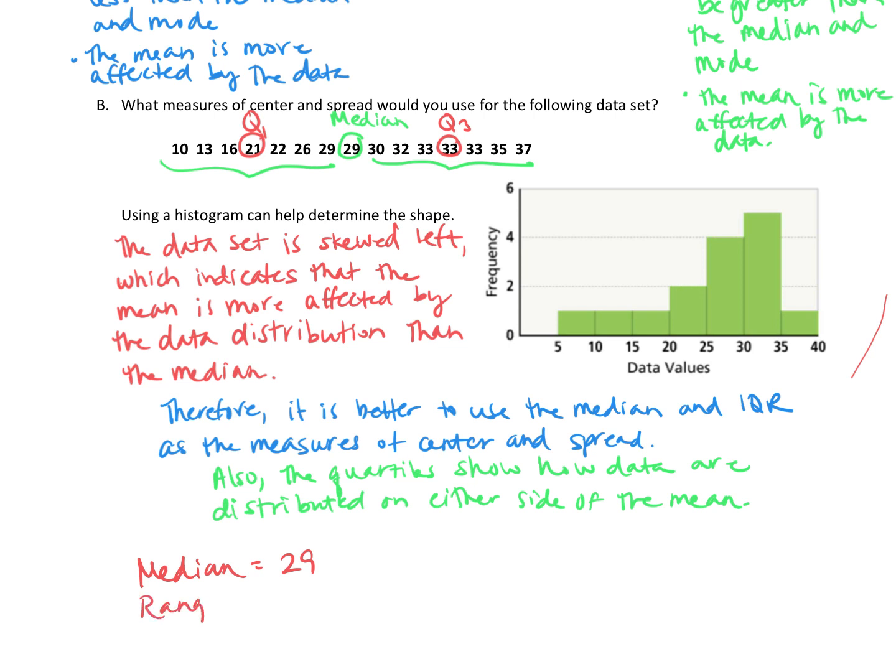The range of the whole data set is the maximum value 37 minus the minimum value of 10, and so we have a range of 27. And then the interquartile range is Q3, 33, minus Q1, 21. The interquartile range is 12. So those measures of center and spread, the median, the range, and the IQR, are a better representation of the data set than the mean would have been.